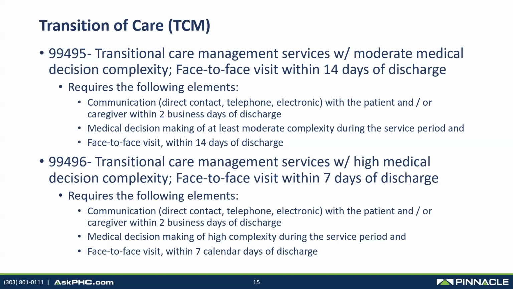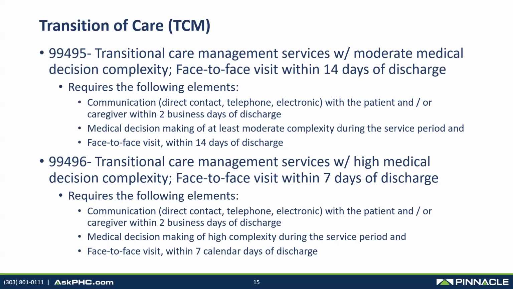And they are for an established patient whose medical and/or psychosocial problems require moderate or high complexity medical decision-making during the transition of care from an inpatient hospital setting. And this includes acute hospital, rehabilitation hospital, long-term acute care hospitals, partial hospitalization, observation status in a hospital, or skilled nursing facilities.